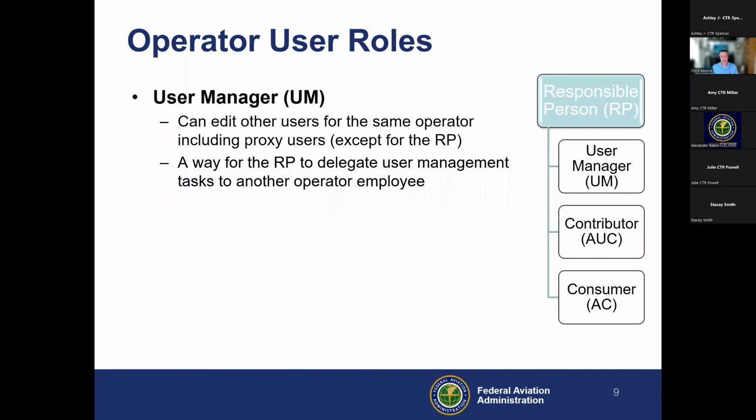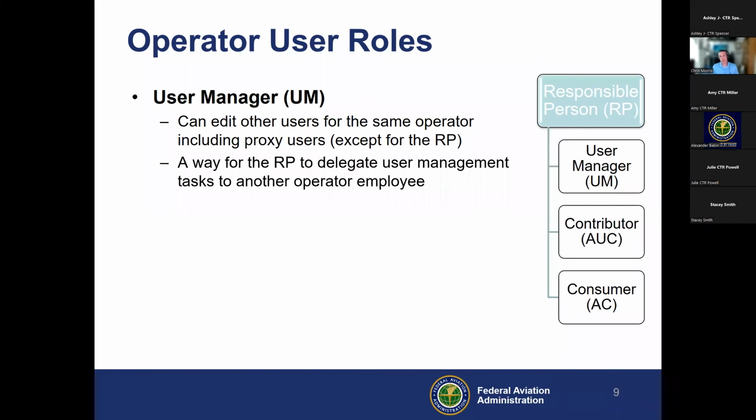So this is a great way if a responsible person at a large operator isn't really the right person to be managing user roles in PRD. For example, the director of operations of a major airline, it might not be appropriate that they would be the ones to have to approve users into the system.